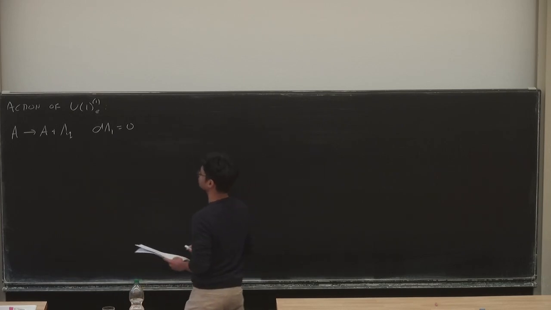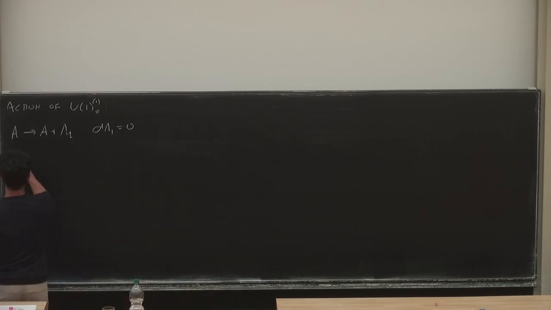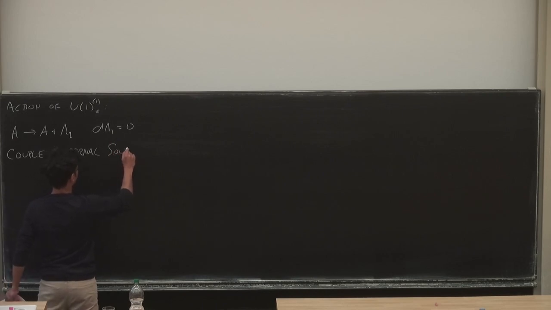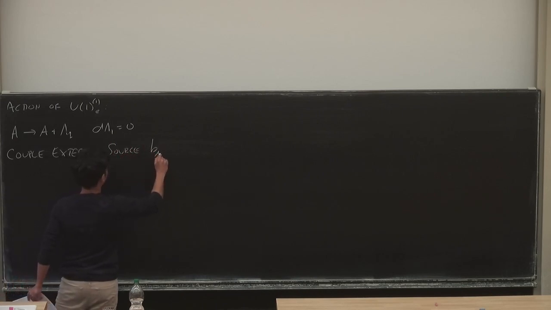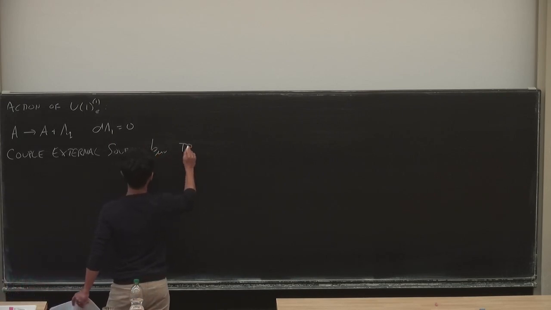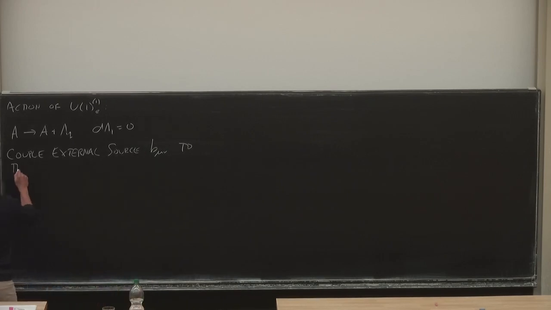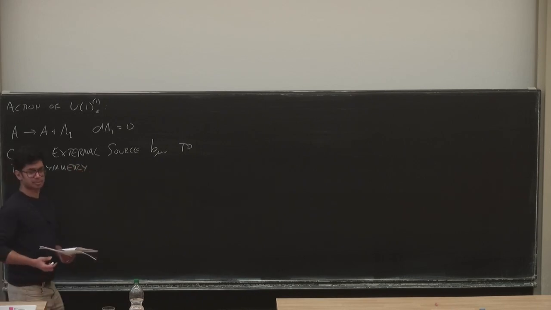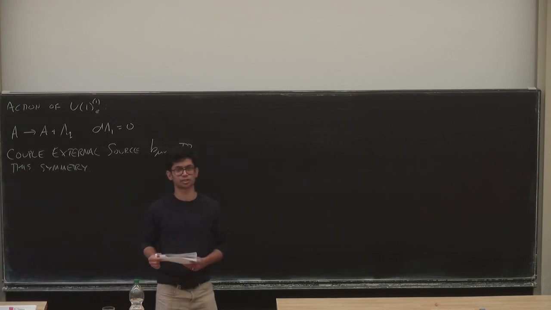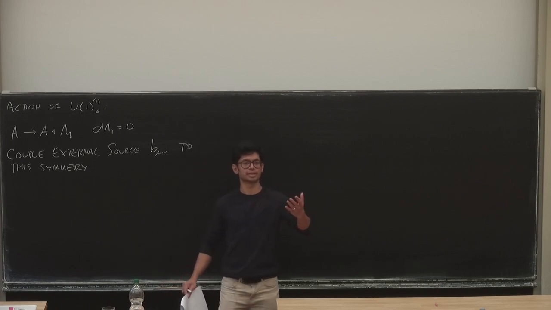Now here's the question: suppose I want to couple an external source B mu nu to this system. Remember when we started doing this, I introduced normal U1 symmetries, and I explained that it's possible to couple an external source to a given U1 symmetry.